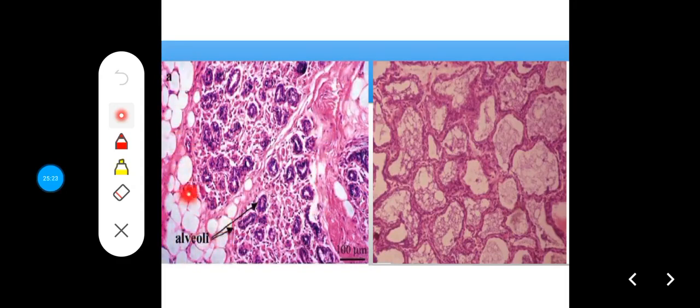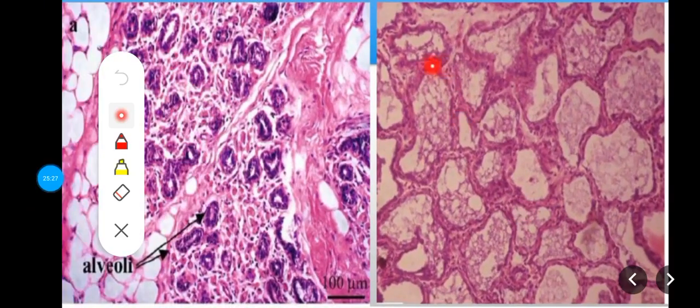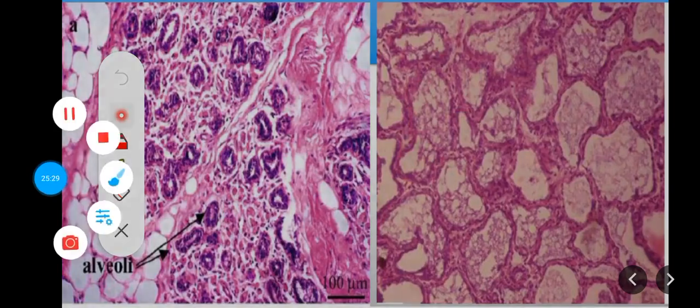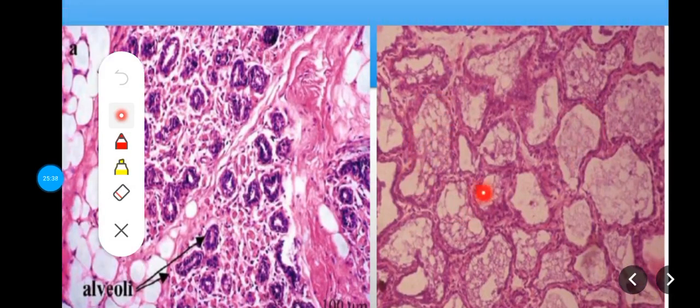Now look at this one also. This represents the alveoli. Within the alveoli, you can see the eosinophilic material with white spaces within them, which represent the fat droplets. Look at the pale staining spaces within the eosinophilic material.